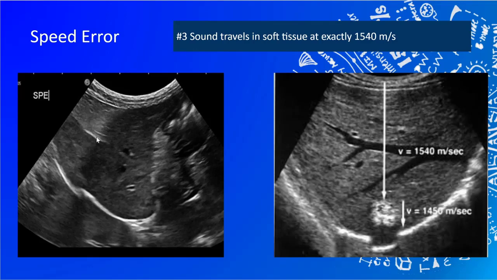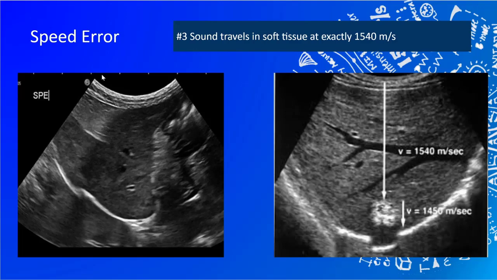And so as the sound interacts with this faster propagation speed, it strikes a reflector and sends it back. Well, because the sound was able to travel through here faster, the machine thinks that it came back sooner, and therefore those echoes are going to be displayed earlier.